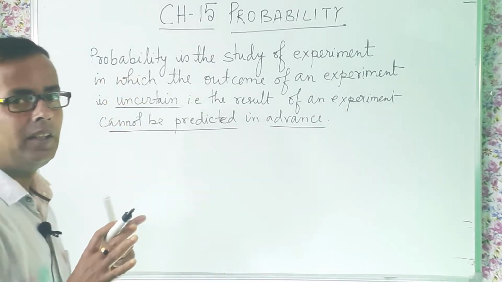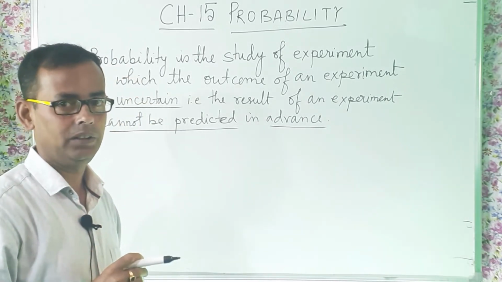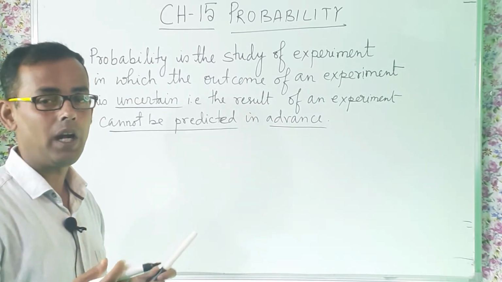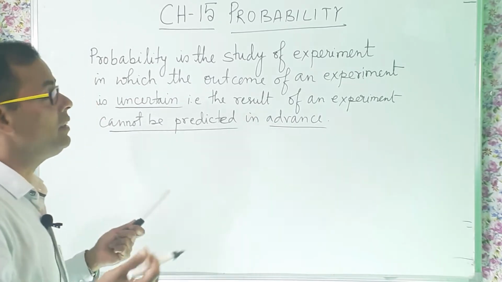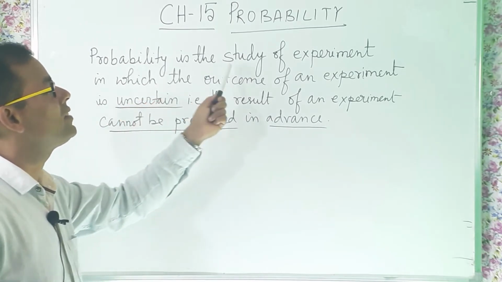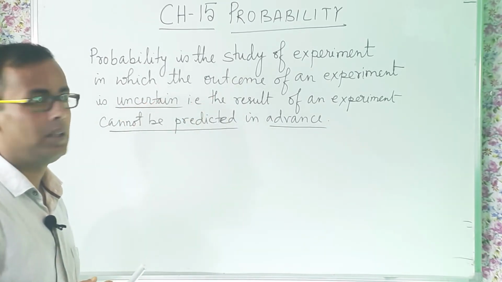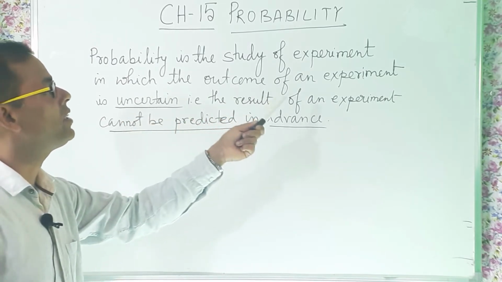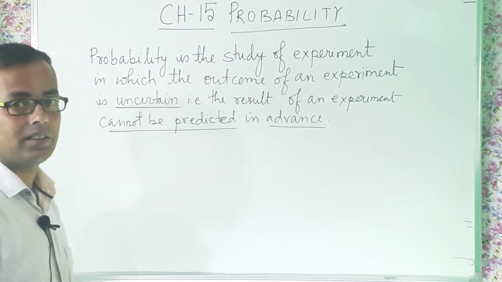So this is a very easy definition so that it will be easy for you to understand. Now what is it telling? Probability is the study of experiment, of what? In which the outcome of an experiment is uncertain.